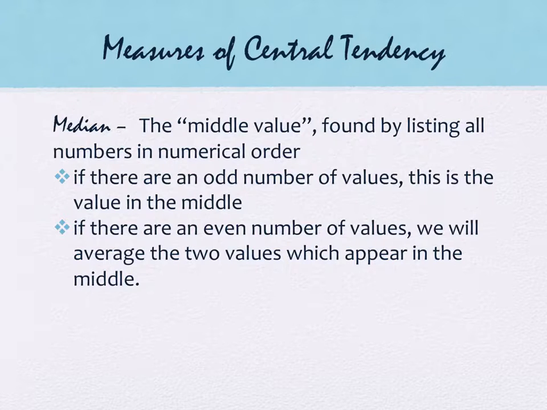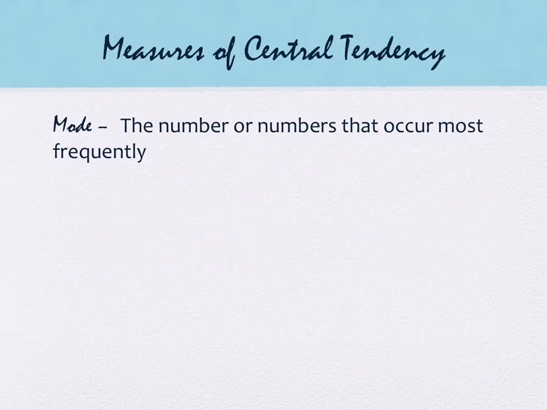If there's an odd number of us, we would move from the outer into the inner, marking people off. And right there in the middle, there'd be one person, and they would be the median, where 50% would be below and 50% would be above. You guys with me? We could do the same thing if there's two people in the middle, and they're slightly different in height. I'd just say, hey, what's your height? Hey, what's your height? We'd add them together, divide by 2. So that's how we find the median, the 50% mark.